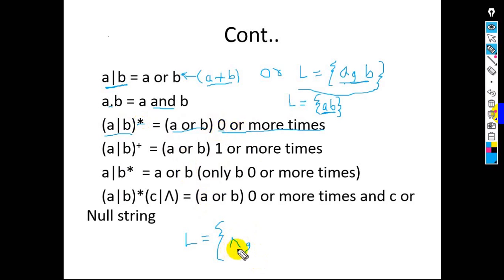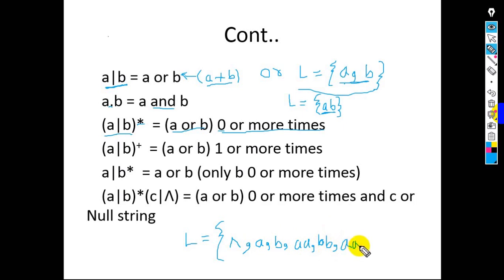This is 0 and then we have or more times. More times means A comma B, then next it will be repeated AB comma BB, then it will be repeated several times.